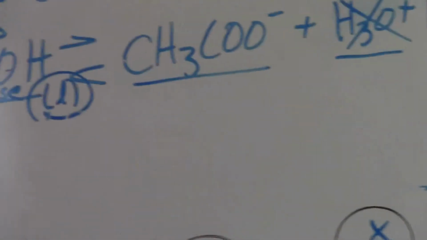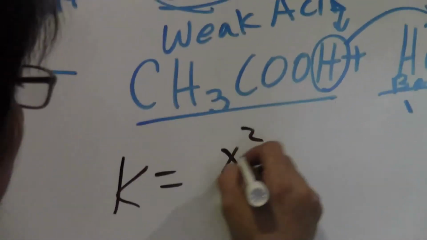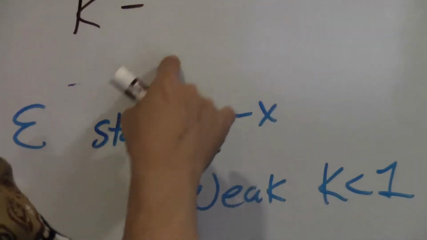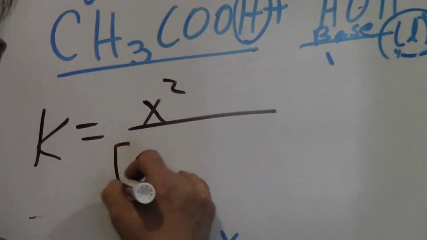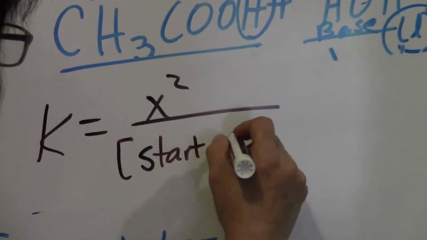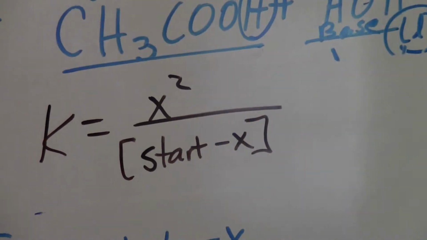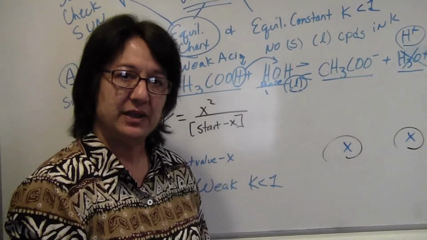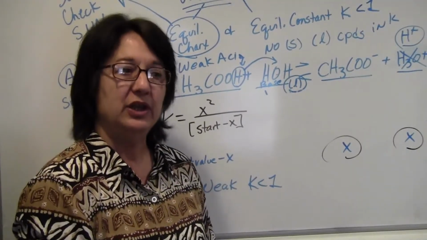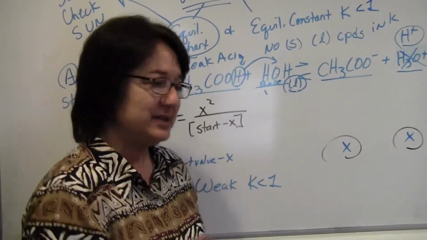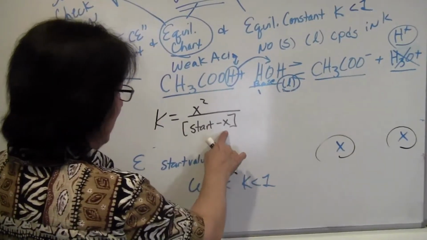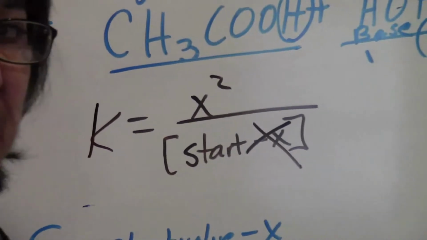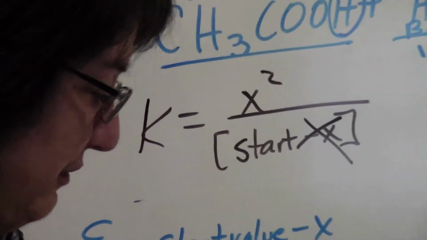So our K for this would be x times x, or x squared, over our equilibrium value of the reactant, which is going to be our starting value minus x. And as always, hopefully you're not going to have to solve for x using the quadratic formula. So I'm going to assume we're using the approximation method. In the denominator of your K expression, you're going to go ahead and x out the x, just to simplify solving.